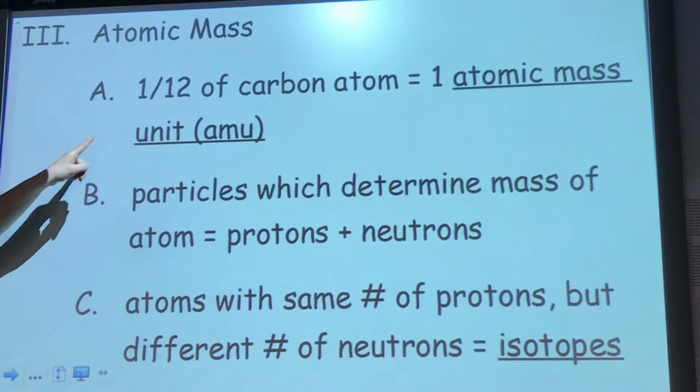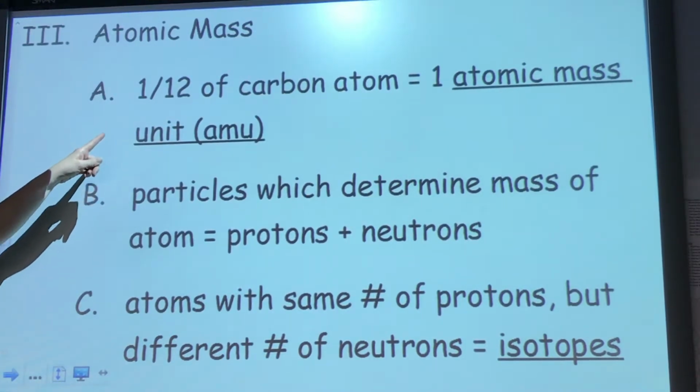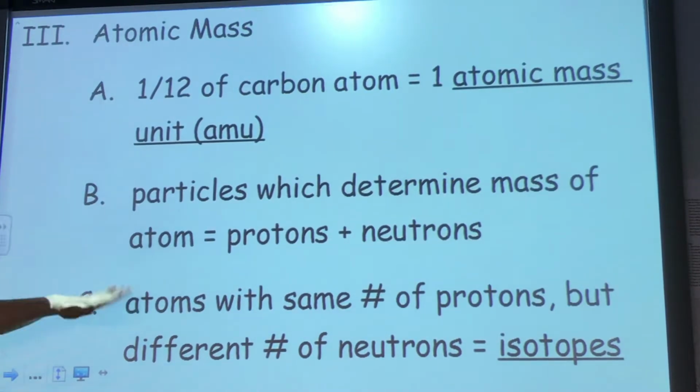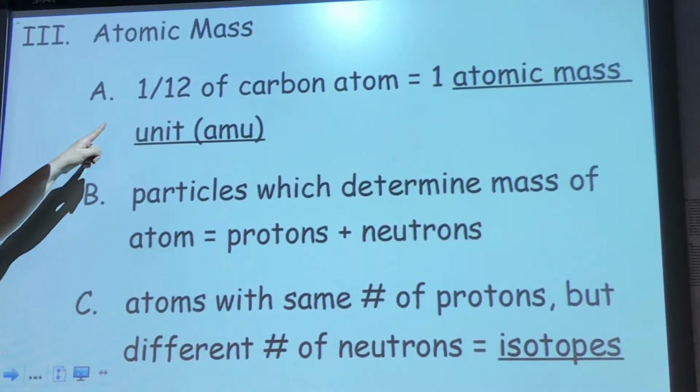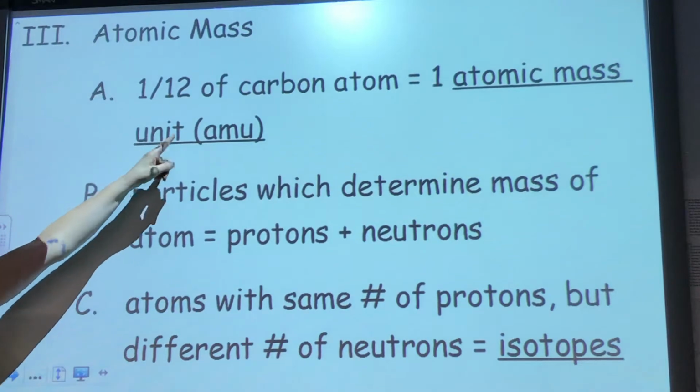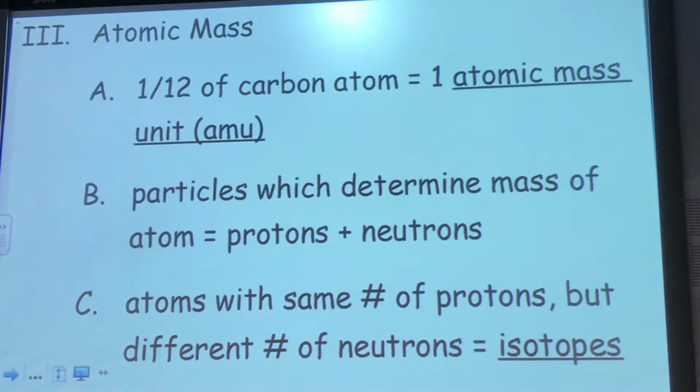And so we say that 1/12 of the mass of a carbon atom is equal to 1 atomic mass unit, which is an AMU. That's how all of our masses of atoms are determined. That's what they're based on.